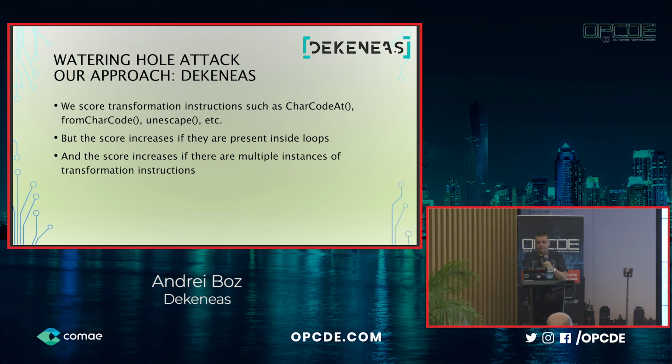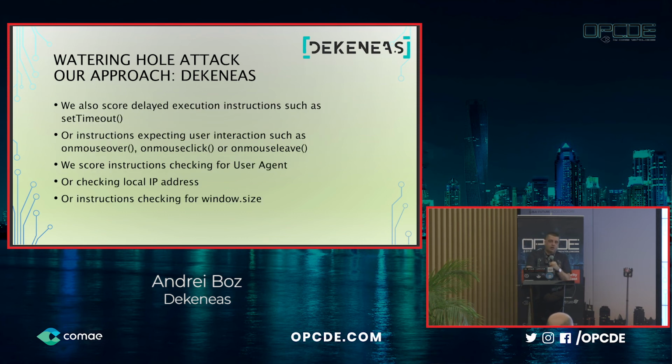the scoring. Also, we're looking for delayed execution instructions, such as set timeout, or instructions expecting user interaction, such as on mouse over, on mouse click, or on mouse leave. These instructions are very useful for an attacker to identify if it's an analysis system or an actual user who browsed the website.